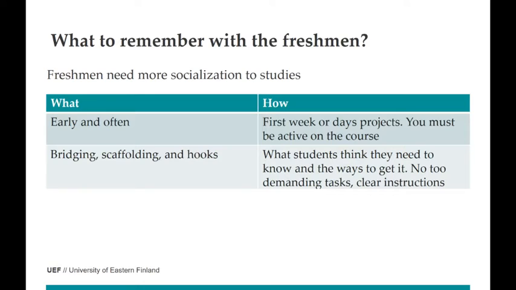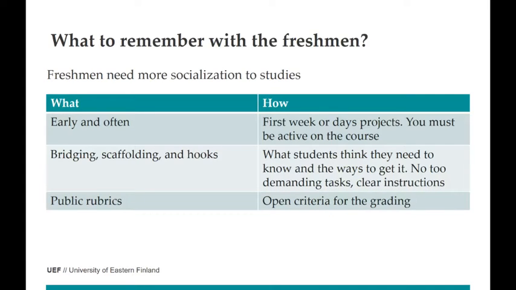And not too demanding tasks and definitely clear instructions. And then the students should know during the first day of the course, okay, this is the way I can pass the course. These are the activities that I should do to get some extra points. So there should be open criteria for the grading.